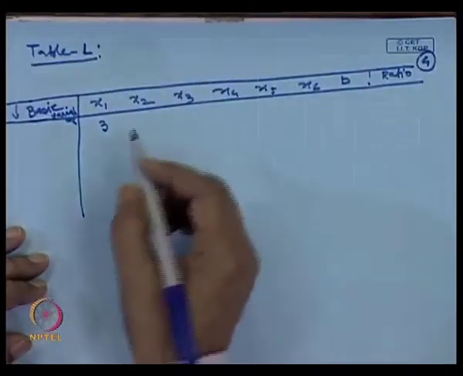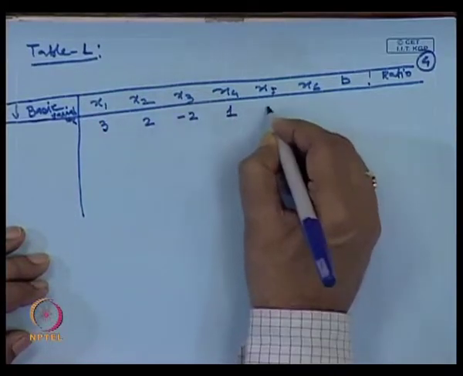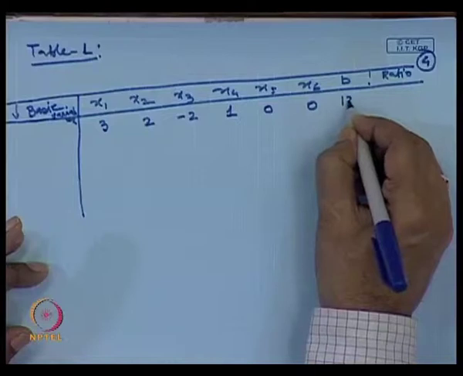So I can write 3, 2, minus 2, 1, 0, 0, and the right hand side is equal to 12.